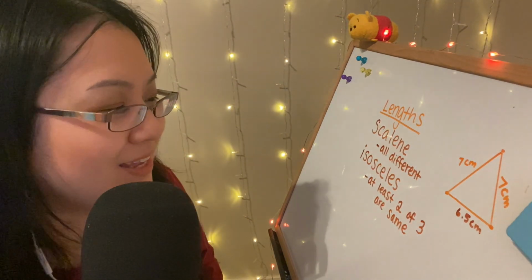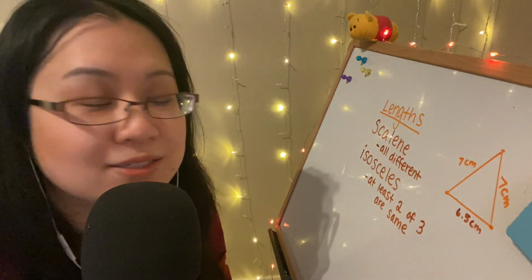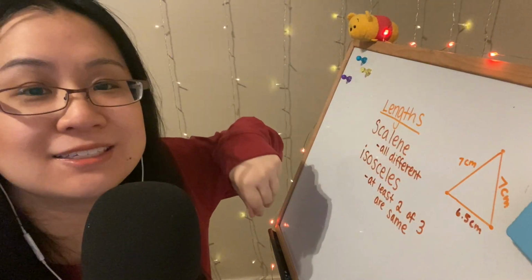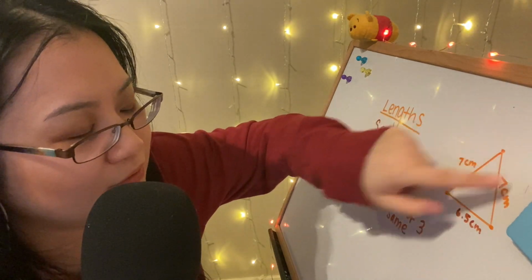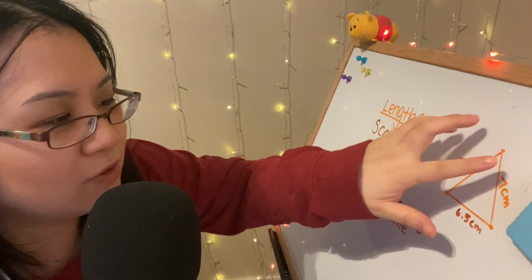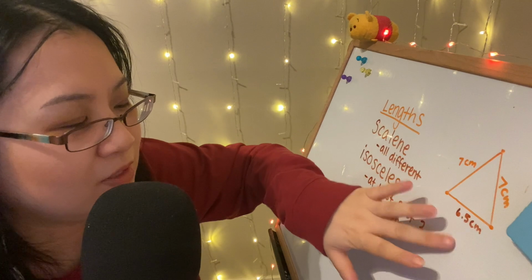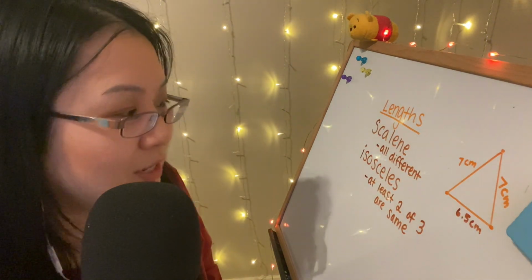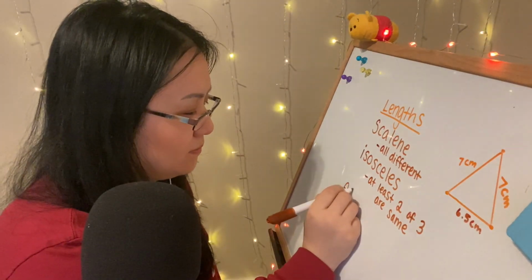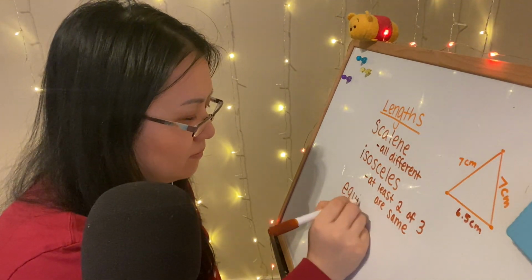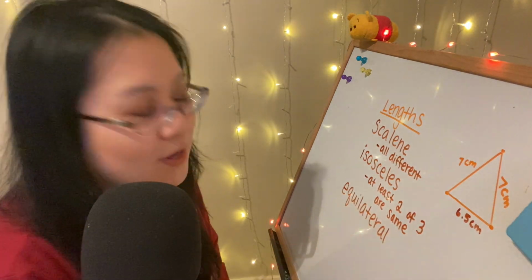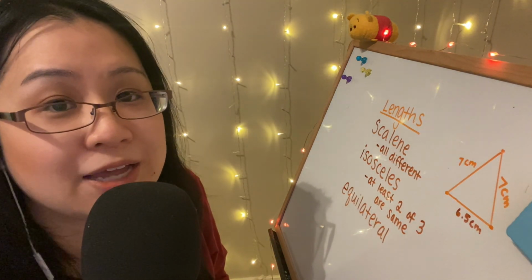Okay, that's isosceles. And you've probably guessed it. We either have all of them different, or two of them the same, or three of them. So if they are all the same, we have an equilateral triangle.